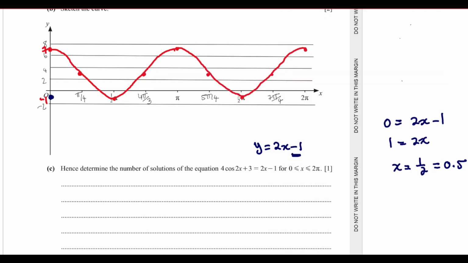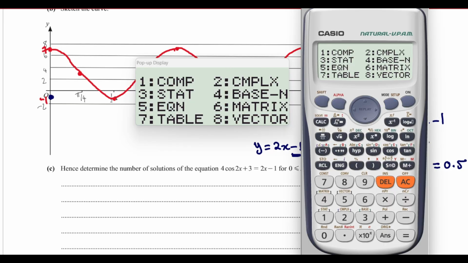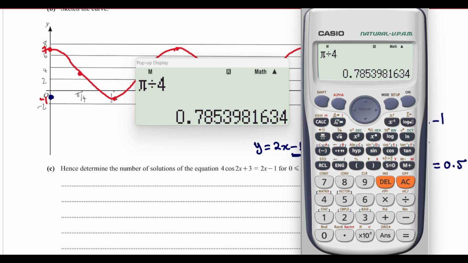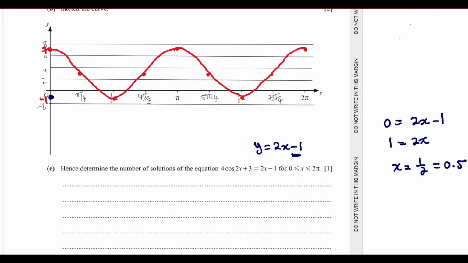Let's go back to normal mode on the calculator. Pi over 4, what is that as a decimal? That's 0.7, and that straight line cuts at 0.5, so it's going to be somewhere over there. That doesn't have to be perfect.